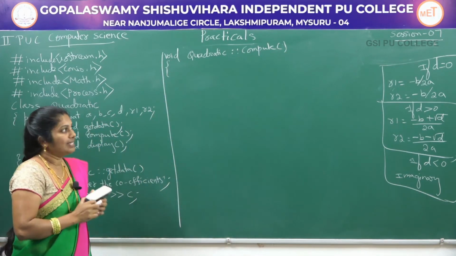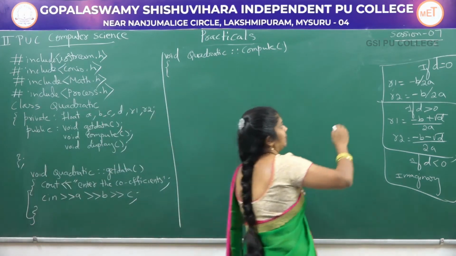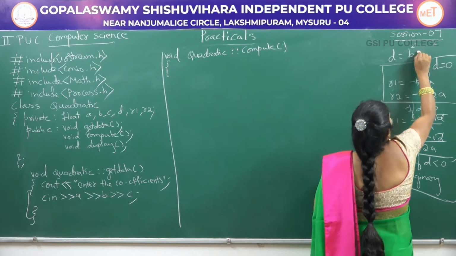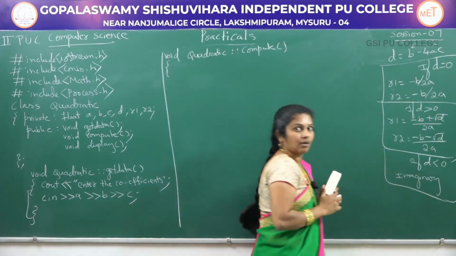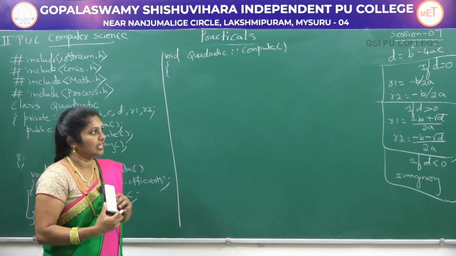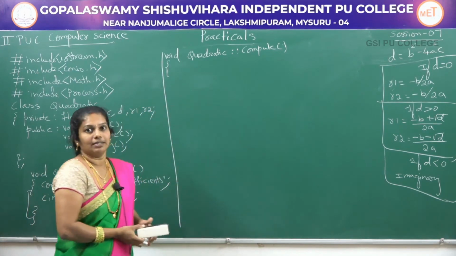Now, what is the first thing? First we have to find the discriminant. What is the discriminant formula? That is d equals b square minus 4ac. If you know the discriminant, then only I am able to find root 1 as well as root 2. First step, first find the discriminant.